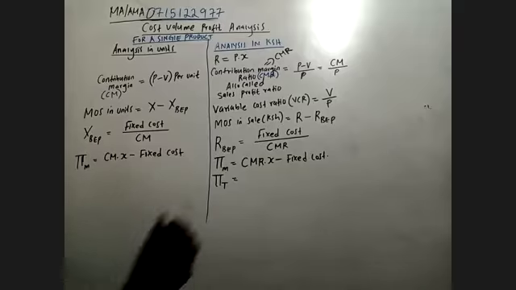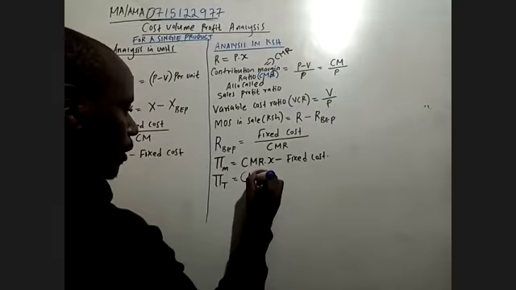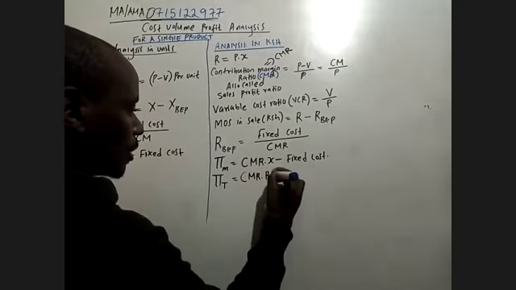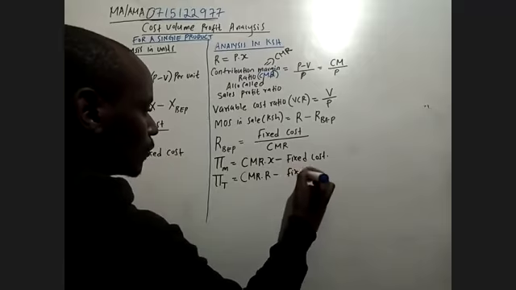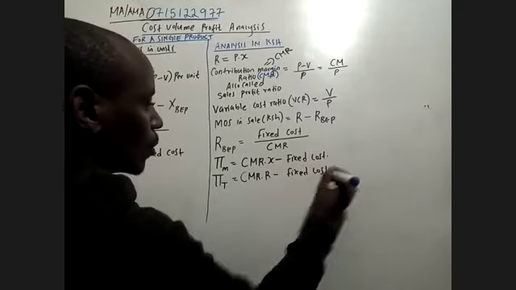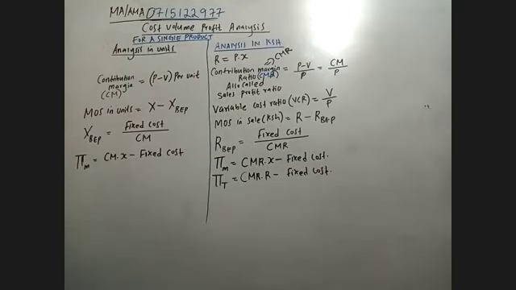But we shall use CMR times R minus fixed cost. This one is revenue.